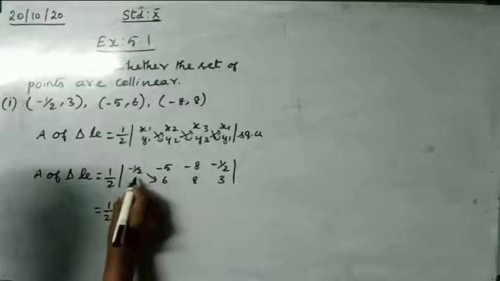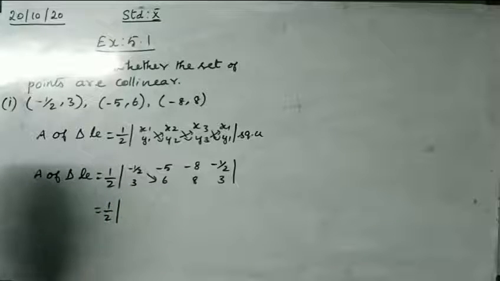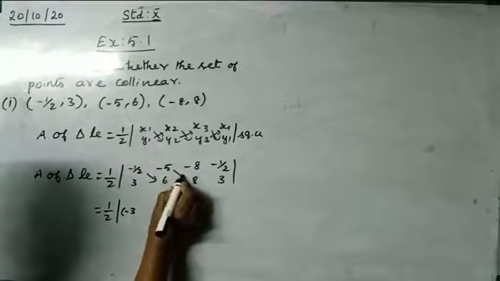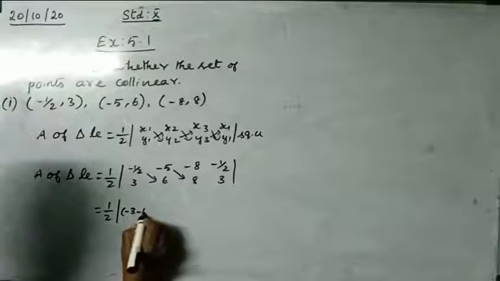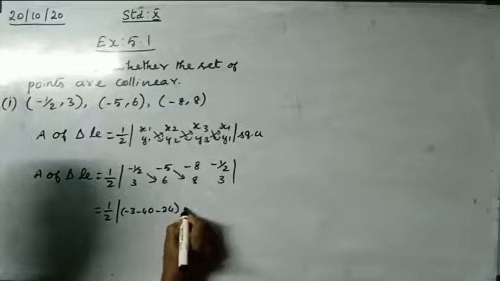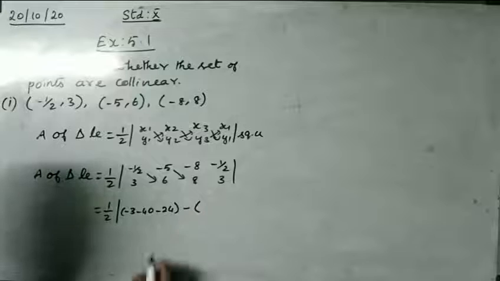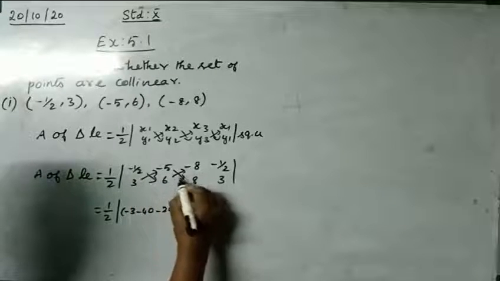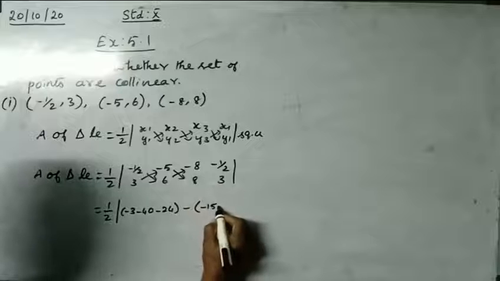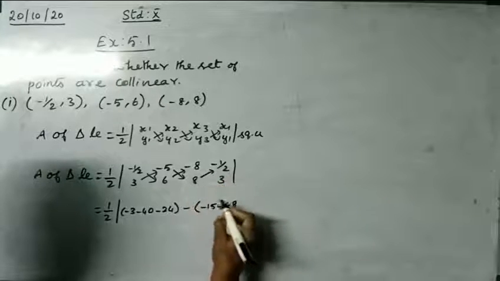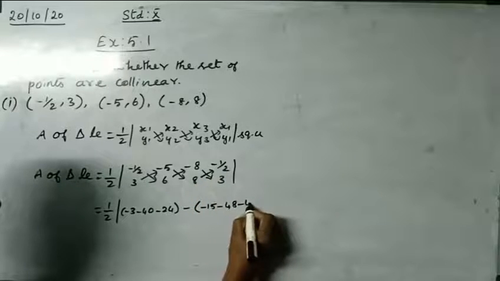First multiply these two: 1 by 2 into 6 is 3, minus 3. 5 8s are 40, minus 40. Minus 8 into 3 is minus 24. And minus 3 5s are minus 15. 6 into minus 8 is minus 48. Minus 1 by 2 into 8 is minus 4.